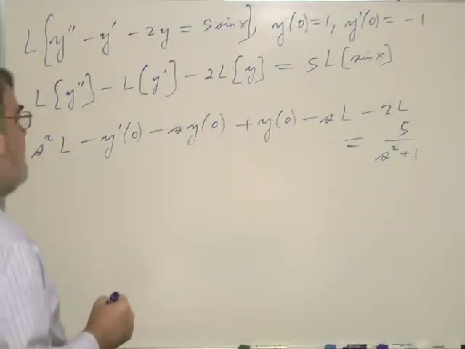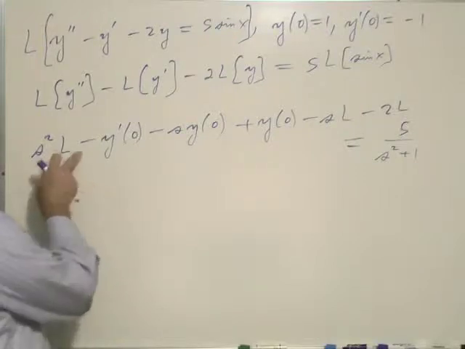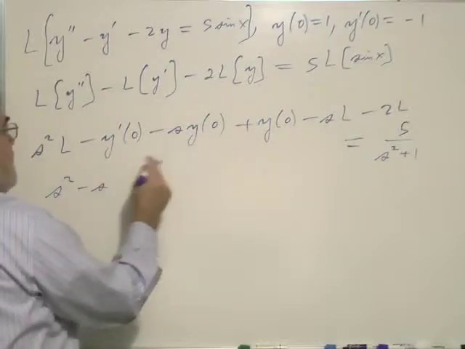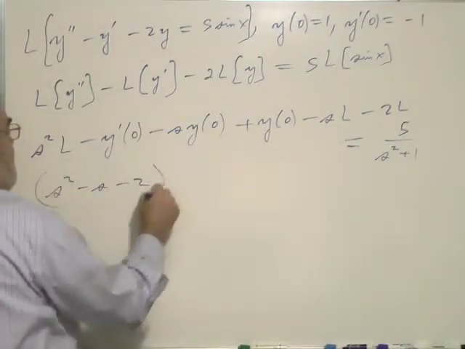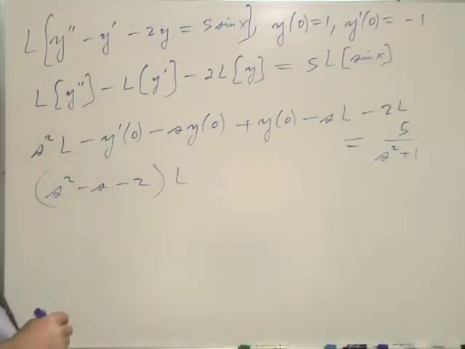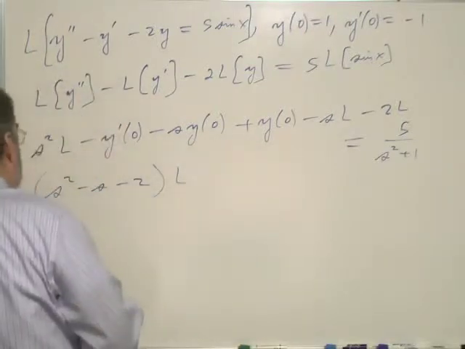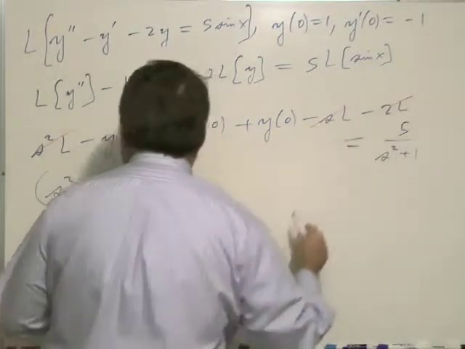The L terms are s squared, minus s, minus 2, times L of y, which I'm just writing as y. So I picked up this term, that term, and that term.